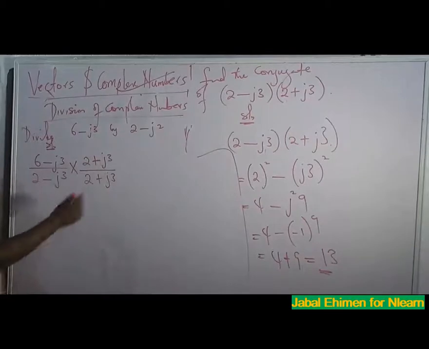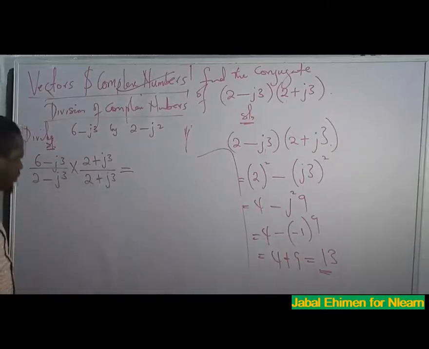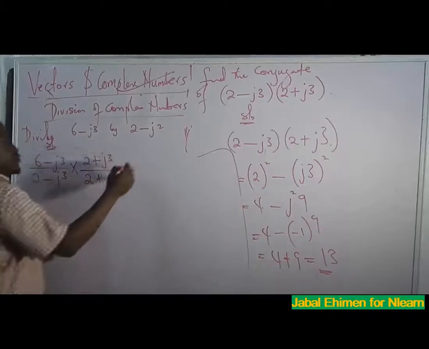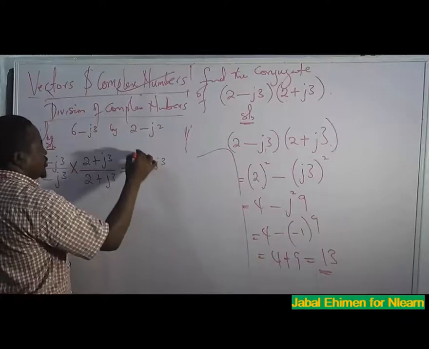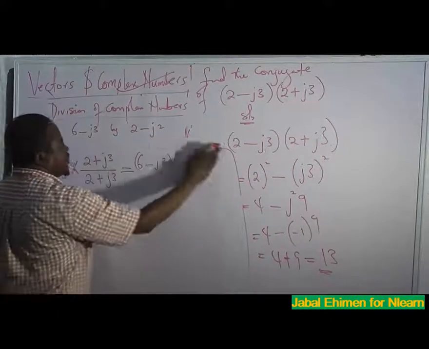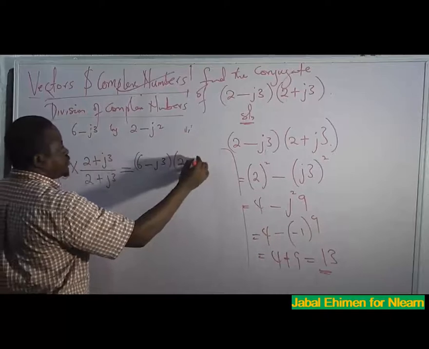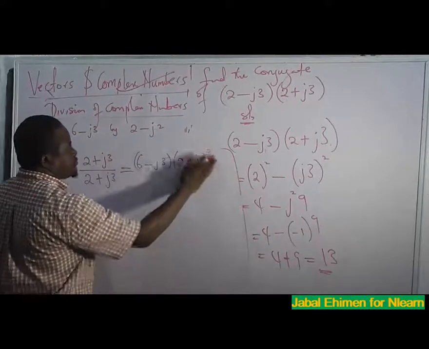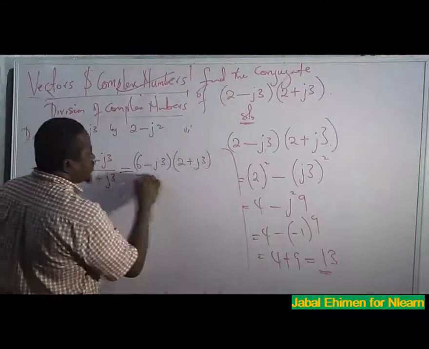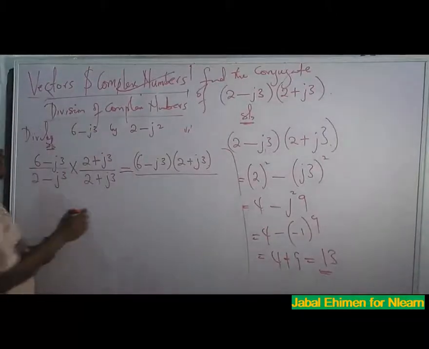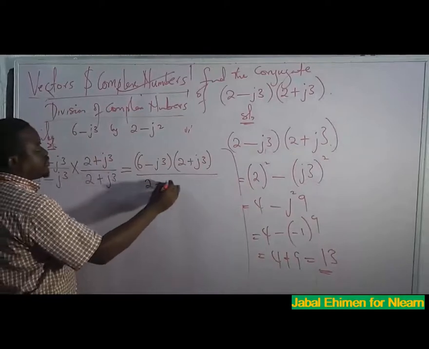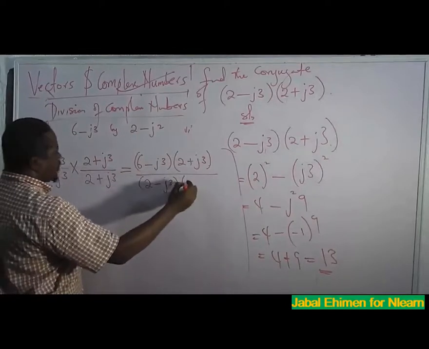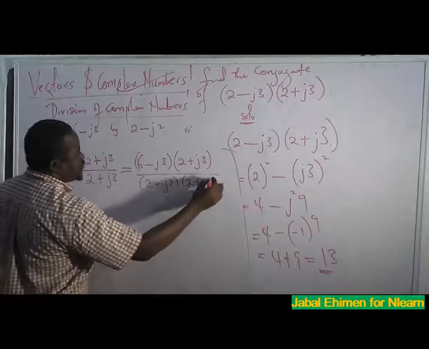If I multiply this whole thing, it becomes a direct multiplication. Multiplying the top, you have (6 minus j3) times (2 plus j3), divided by (2 minus j3) times (2 plus j3).